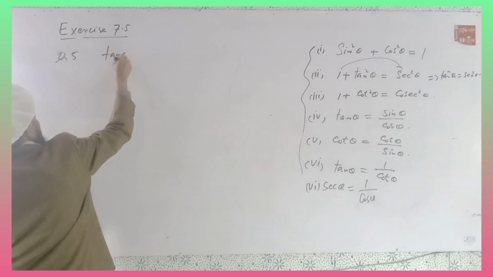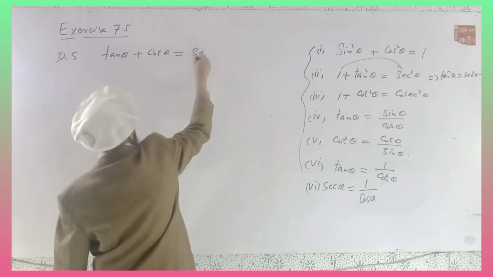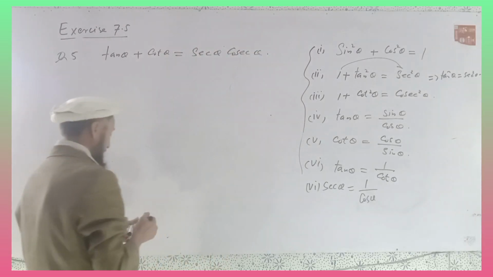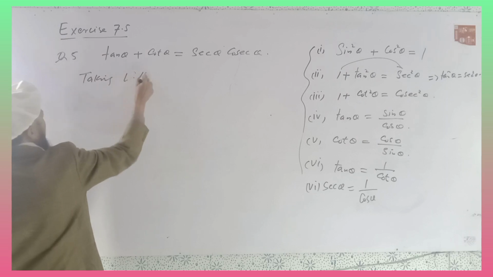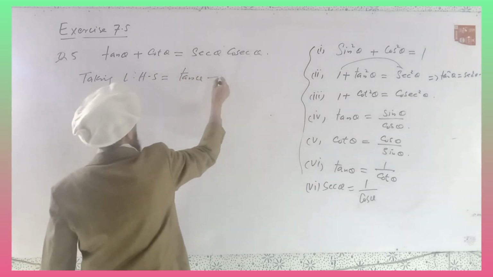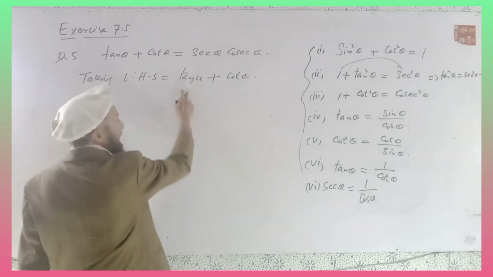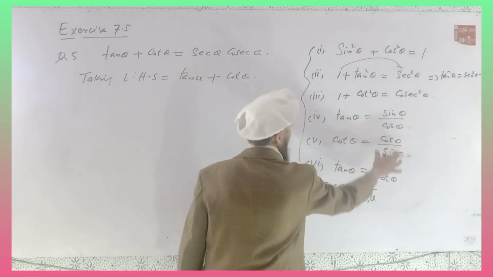Tangent theta plus cotangent theta is equal to secant theta cosecant theta. Taking left hand side, tangent theta plus cotangent theta. In replace of tangent theta, we put sin theta divided by cos theta and cotangent theta is cos over sin.